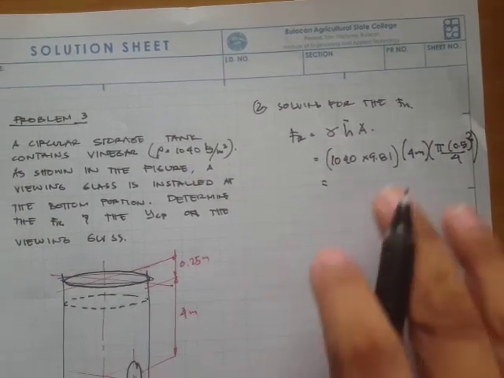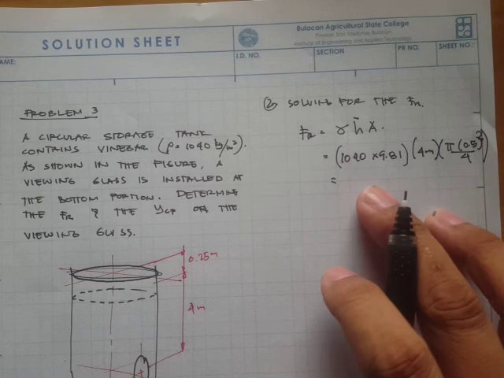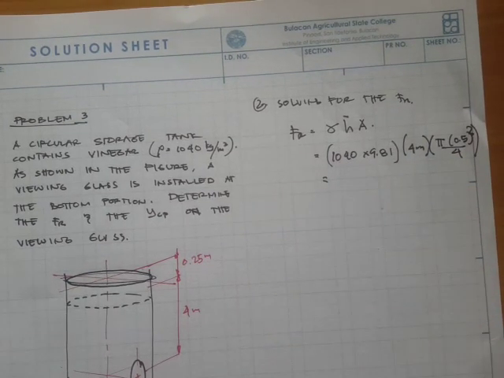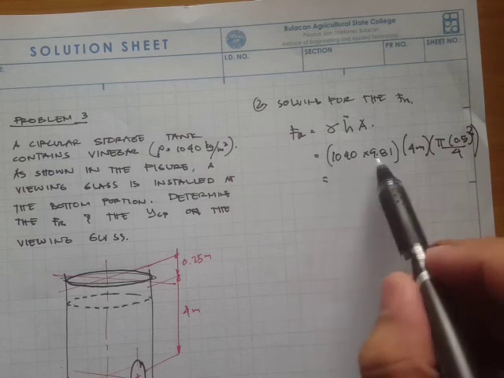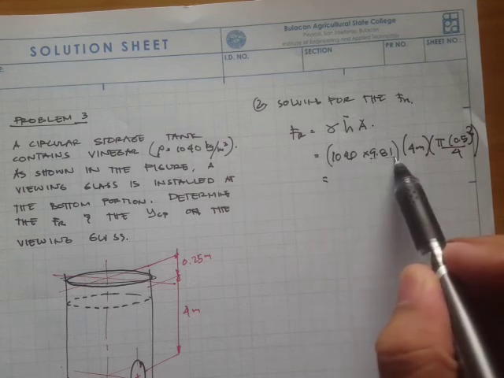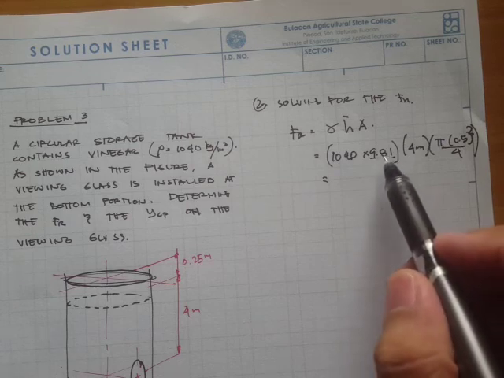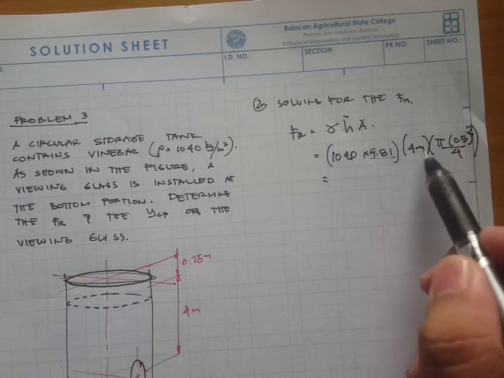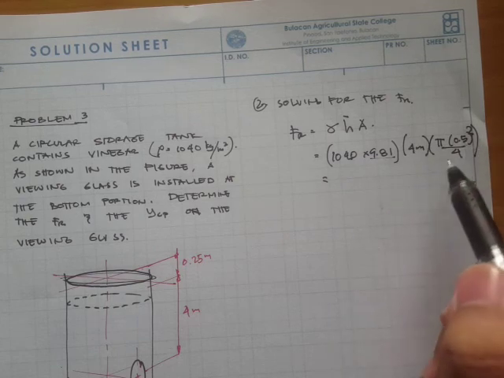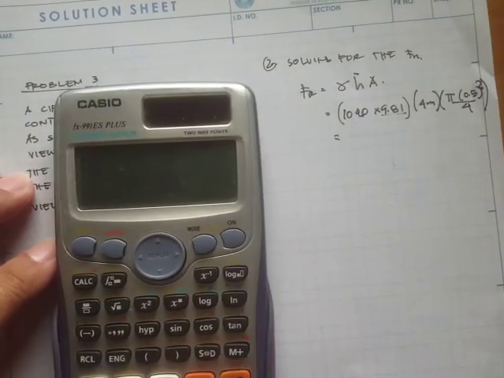Right now I'm not writing the units, but just keep it noted that these are in kg per meter cube times the gravitational acceleration, and that becomes Newton per meter cube. This one is in meter, and this one would be meters squared, so the resulting units would be Newton.